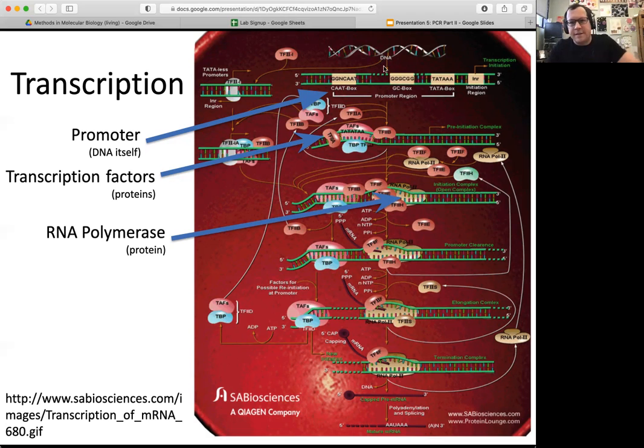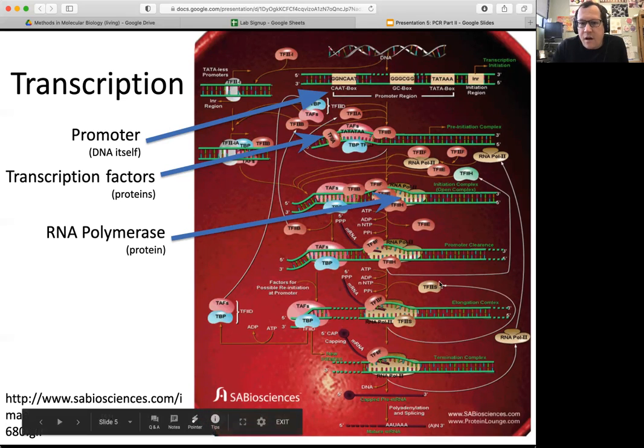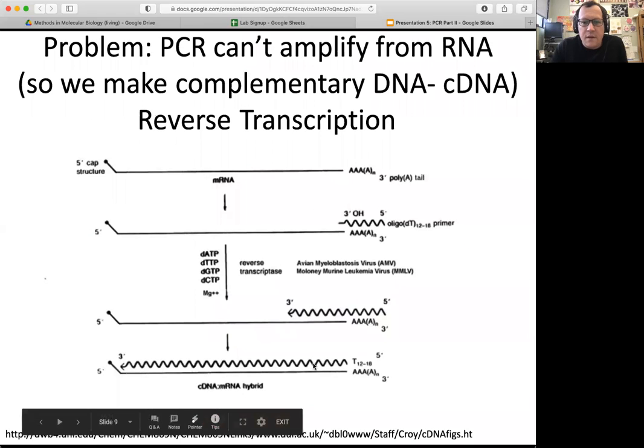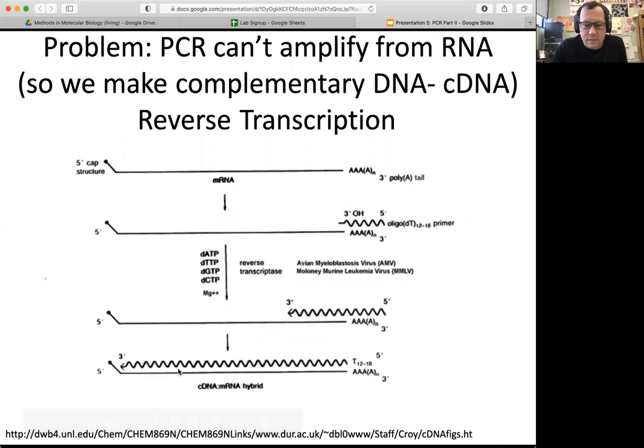So analyzing DNA is not going to tell us anything about gene expression. We want to know what gets expressed off of the DNA, and we want to analyze how many copies of the RNA are essentially there. And so we use this cDNA as an estimate for the RNA that's present in a certain cell extract.